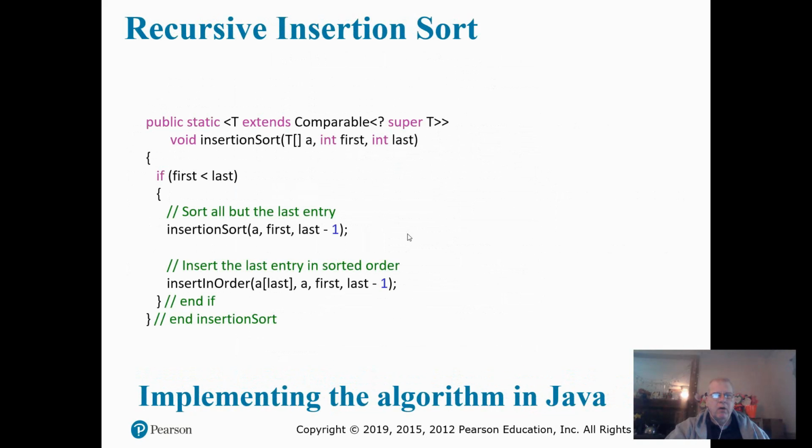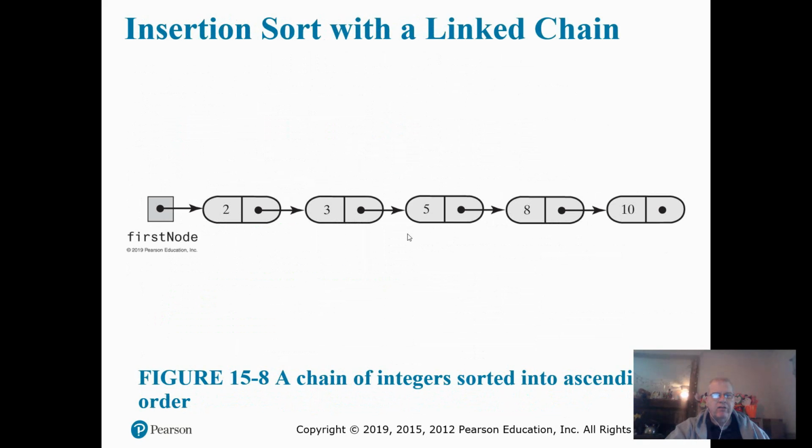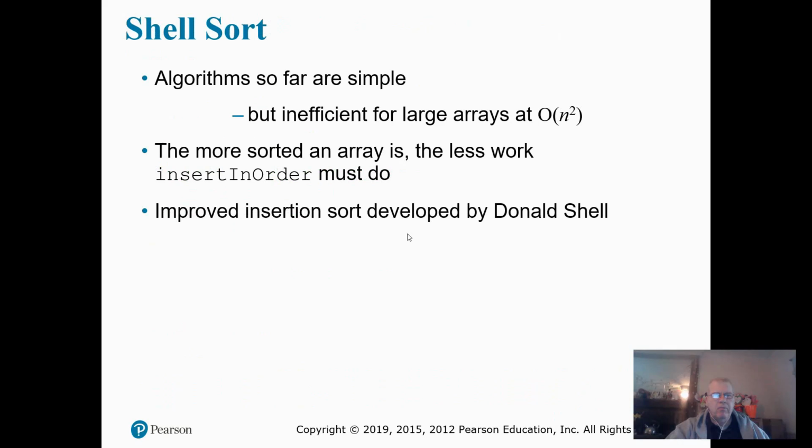And again, we're not going to walk through the various types of code that can provide insertion sort, but you're certainly welcome to look through the slides in more detail if you would like.